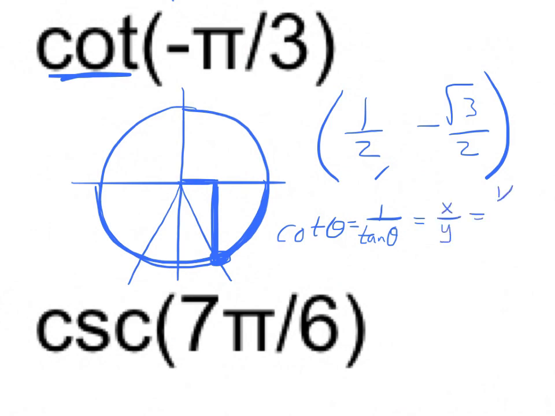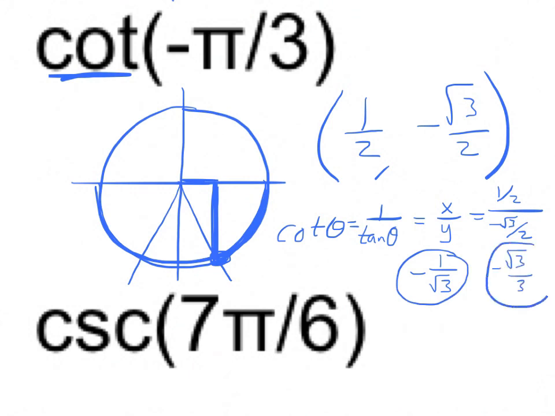And so for us, that's going to be 1/2 over negative root 3 over 2. The 2's are going to cancel out, and I'm going to be left with negative 1 over the square root of 3, which is a totally acceptable answer, but I know a lot of you have been trained to not have radicals in the bottom, so if we rationalize, we'll get that, which is effectively the same thing.